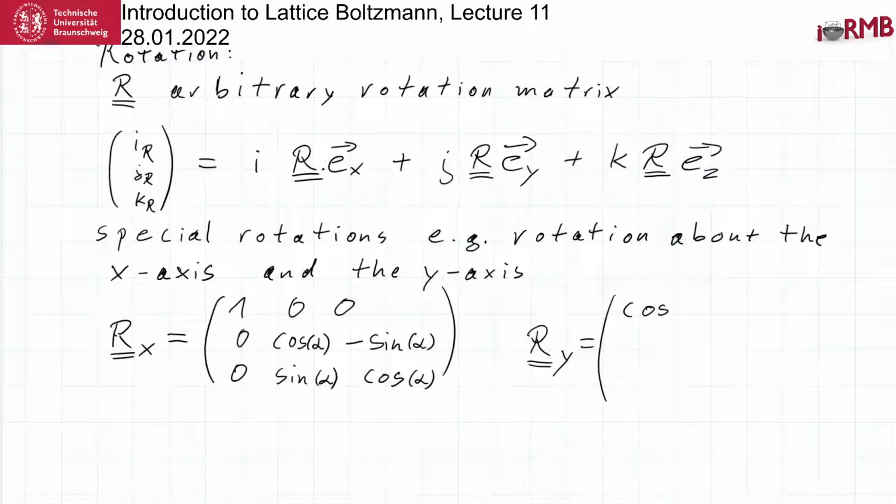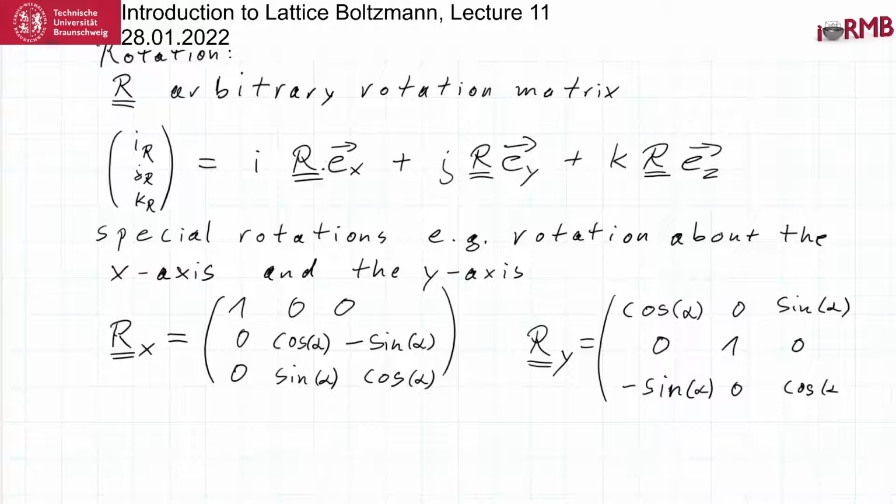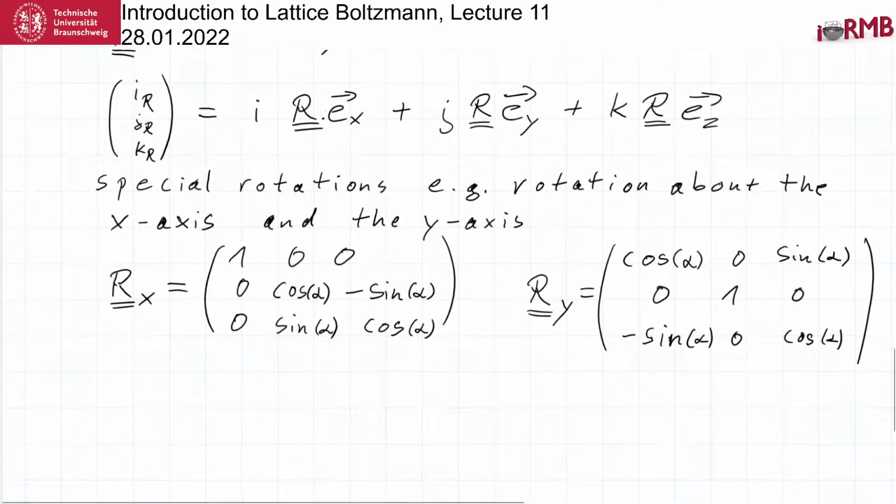The rotation about the y-axis would be cosine alpha, 0, sine alpha; 0, 1, 0; minus sine alpha, 0, cosine alpha. And the rotation around the z-axis would then be the same thing.